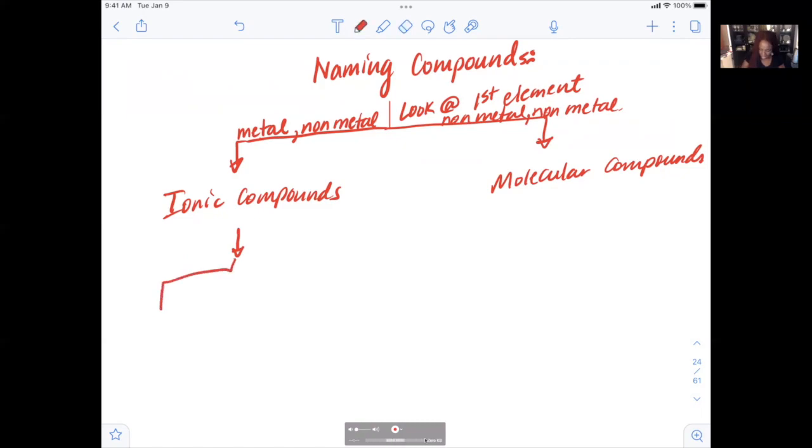Yeah, I would say if it's a group A metal, then you're going to have an ionic A compound. So I realize your book also calls it type 1 ionic compound. Okay, ionic A, or your book calls it type 1.